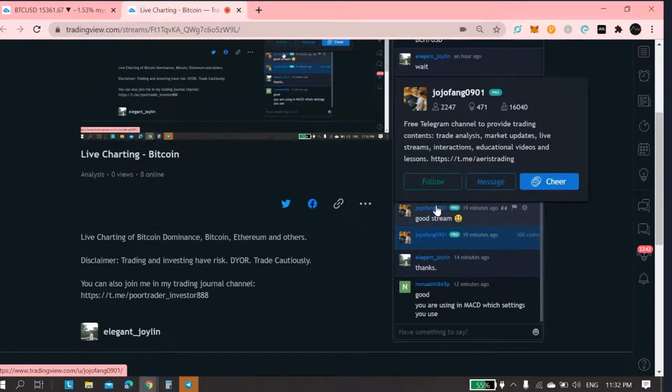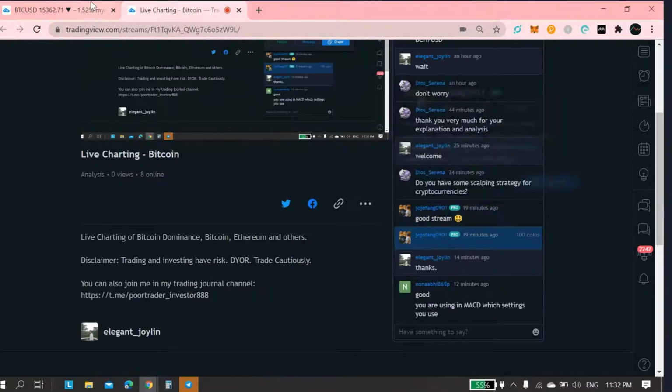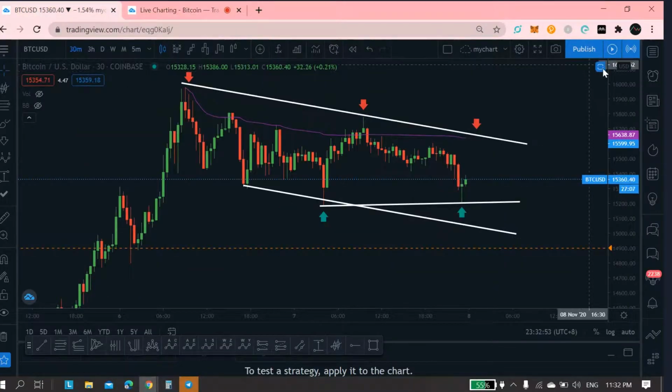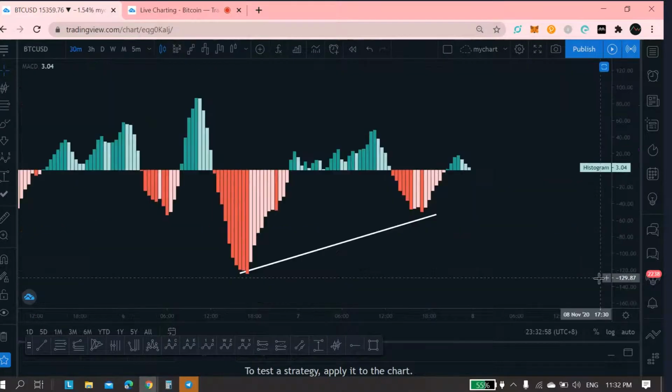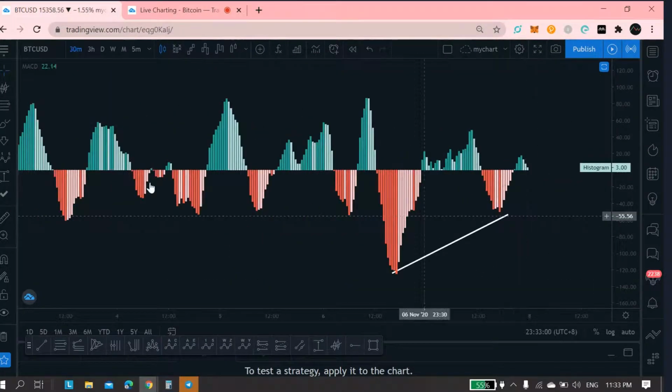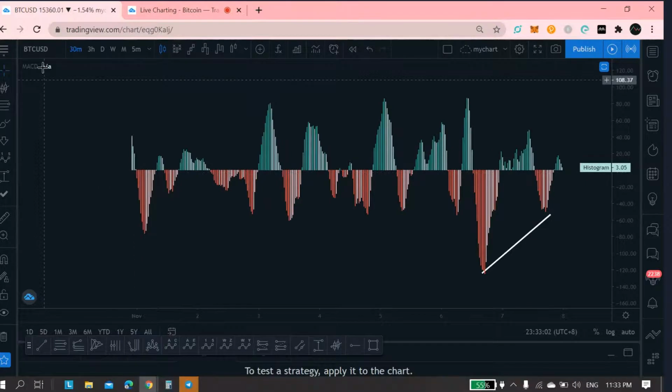Are you using MACD? Which settings do you use? Oh, the MACD. Actually, for MACD, I learned it from CryptoHood because we sponsor him. Yes, actually, this is just the default.